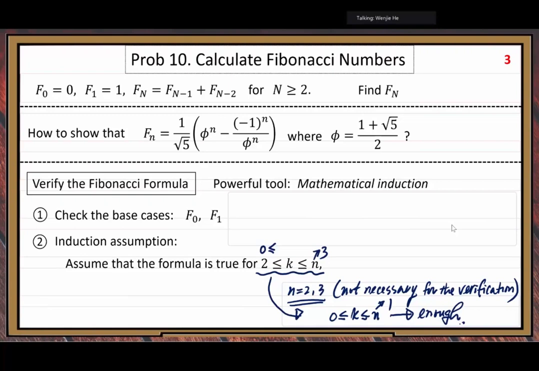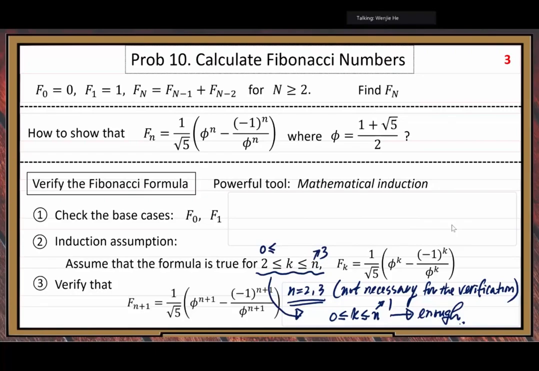Since the range is non-empty, we can grow it. So here we assume it's correct in this certain non-empty range. Step 3, we need to enlarge the range by growing. Verify that when k equals n plus 1.